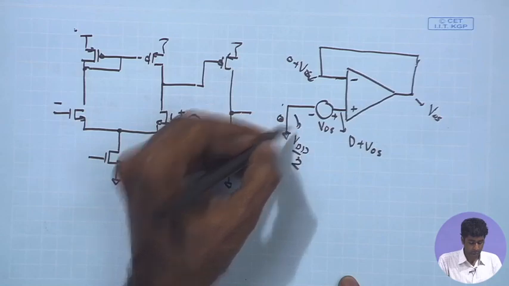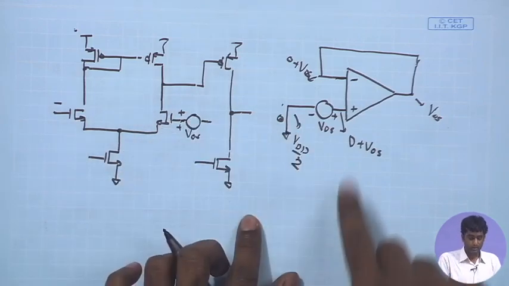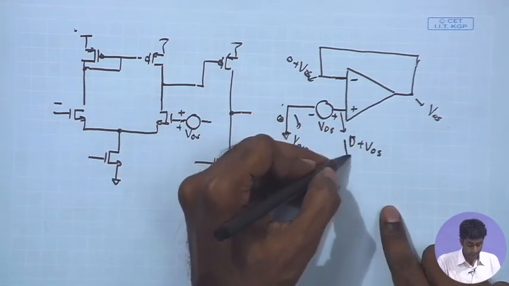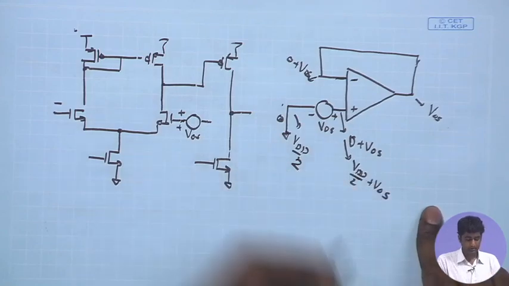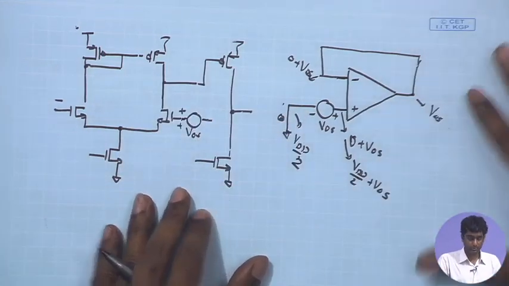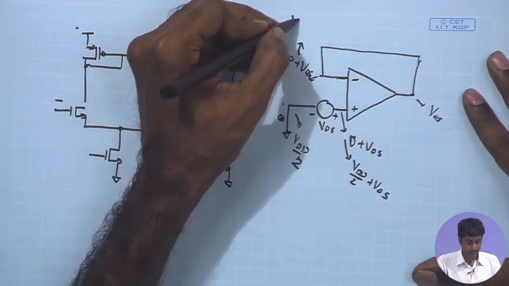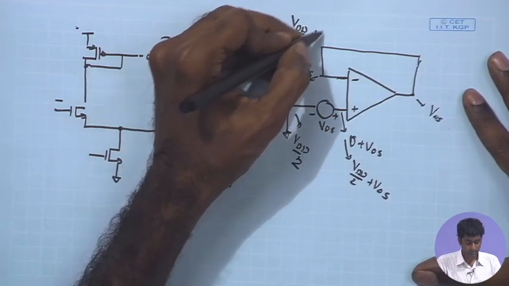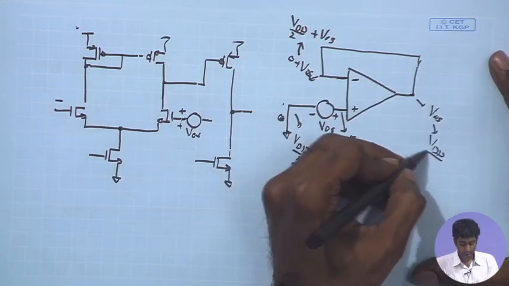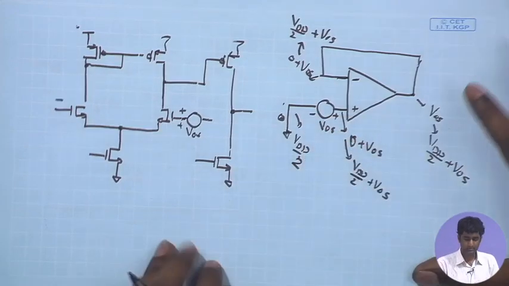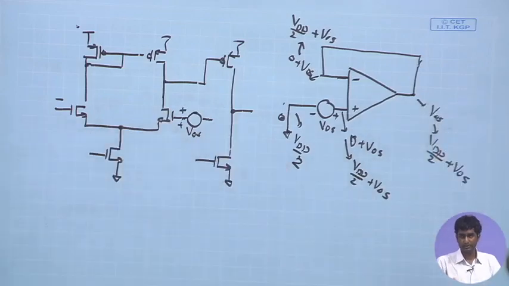So, I put a VDD by 2 over here, and as a result this becomes VDD by 2 plus V offset, and once again the amplifier should make sure that this point also is VDD by 2 plus V offset, and hence this is also VDD by 2 plus V offset. I am just taking VDD by 2 as a comfortable number because it is midway between the VDD and ground.